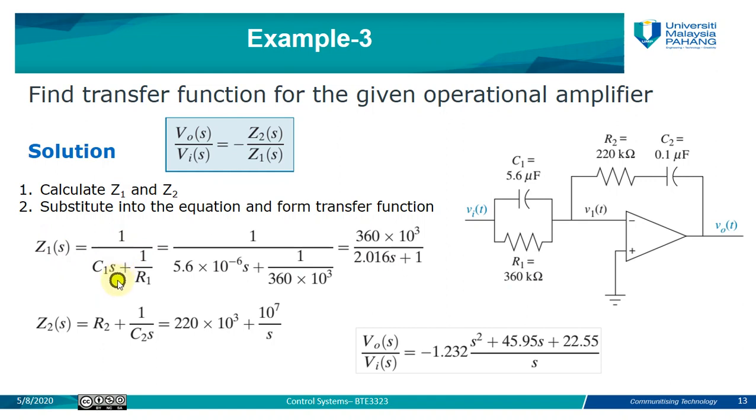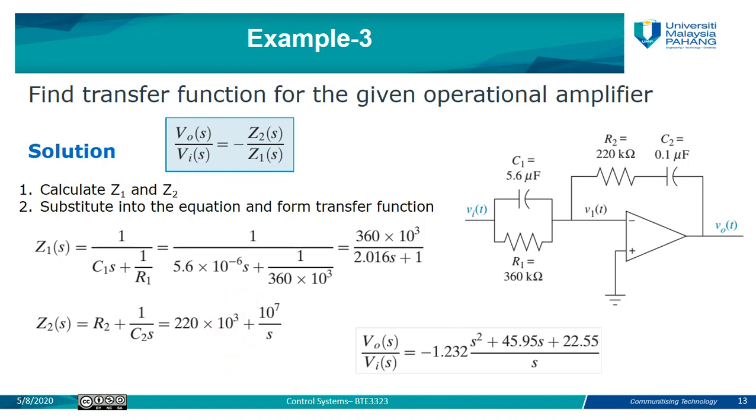Why C1s? Because the representation for the impedance of the capacitor is 1 over Cs, so it becomes C1s. Then for the resistor it's R1, but since it is in parallel, it becomes 1 over R1.